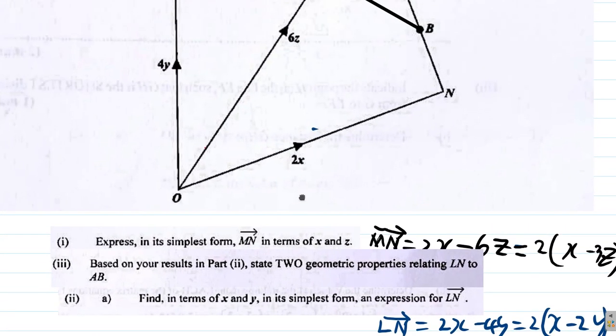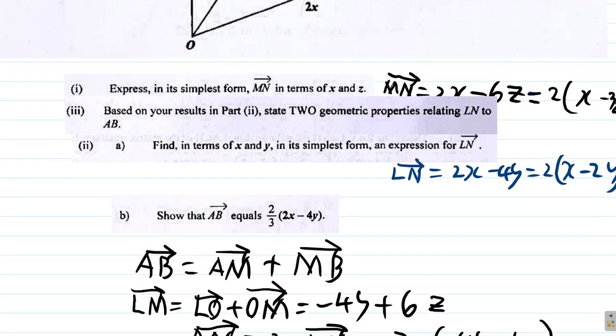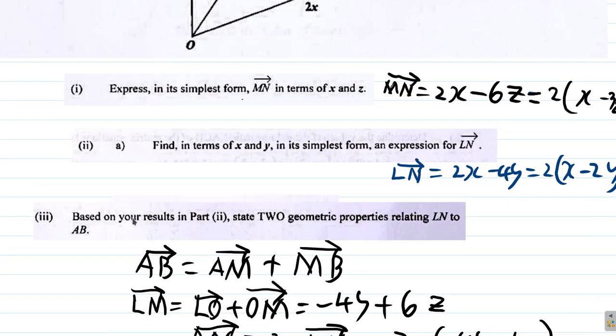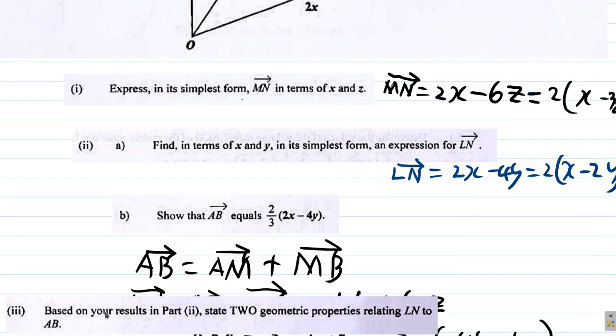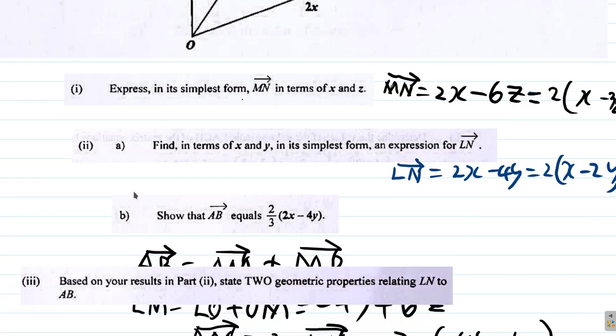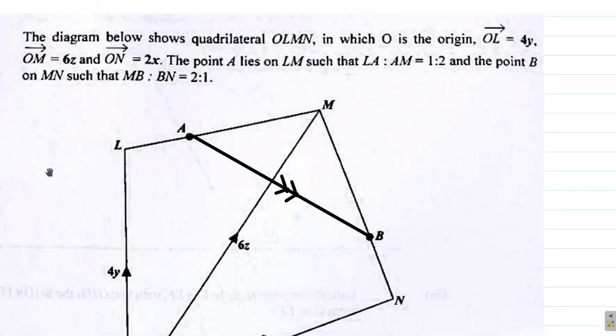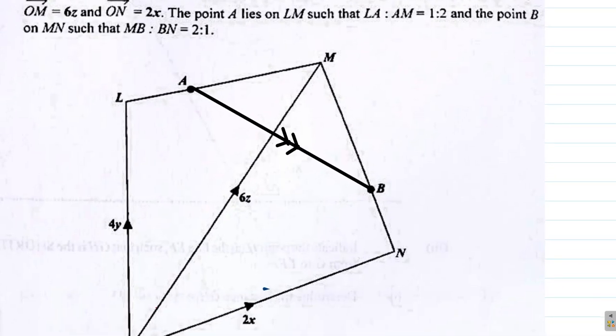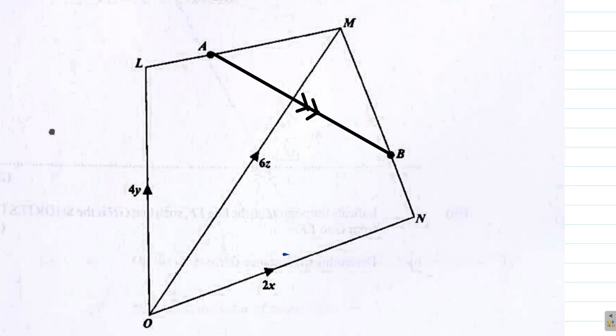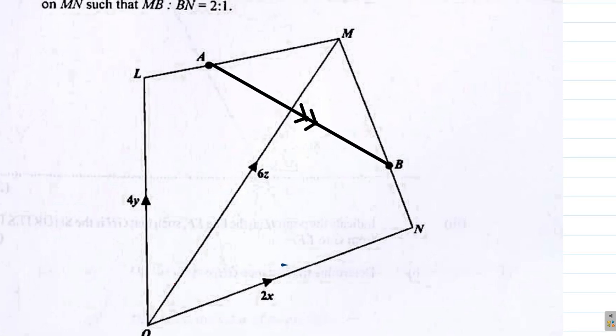So, based on your result in part 2, state 2 geometric properties relating LN and AB. LN, from L to N. This is LN. Right? That's LN there.